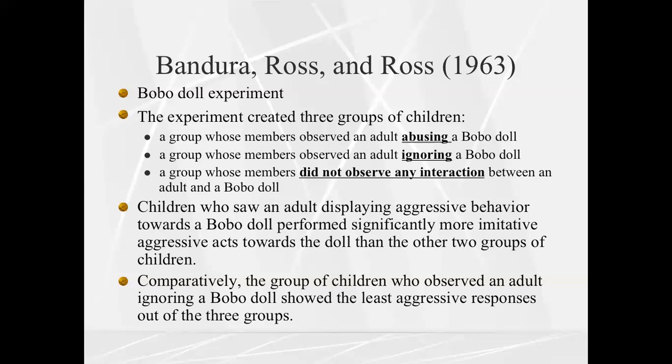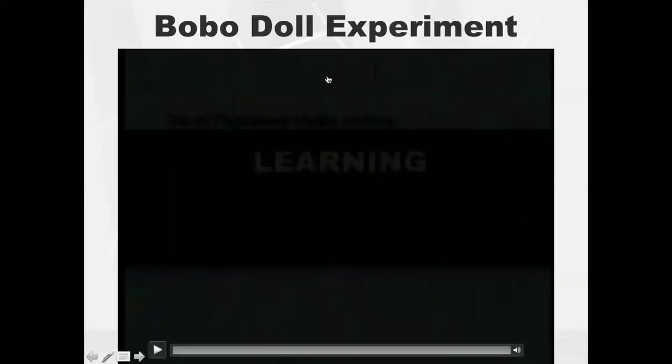It had toys that could be constructive. It had toys that were not linked to aggression. It had toys that were linked to violence. And then we saw what the kids did. Not only did those children who observed aggression copy it, but they engaged in other forms of aggression as well, which we will see. So let me pull this video up and we'll talk about it afterwards.